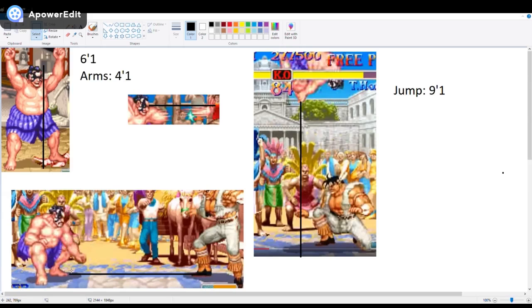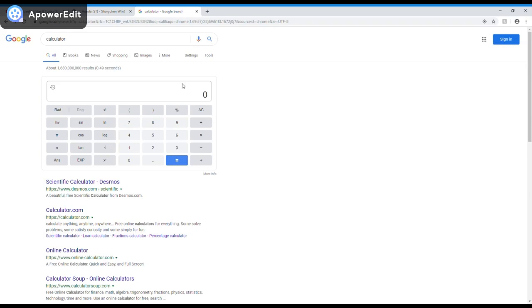So now we check his headbutts to see how fast he can travel. This is going to be a lot longer than the other stats we're trying to analyze here. First we're going to take 505 pixels, the length, divided by 364. Now we can multiply 73 by 1.38, and that gives us 101.